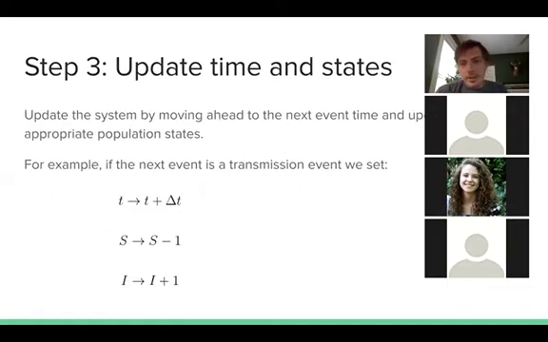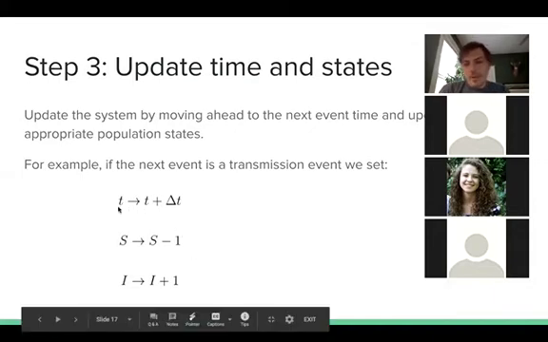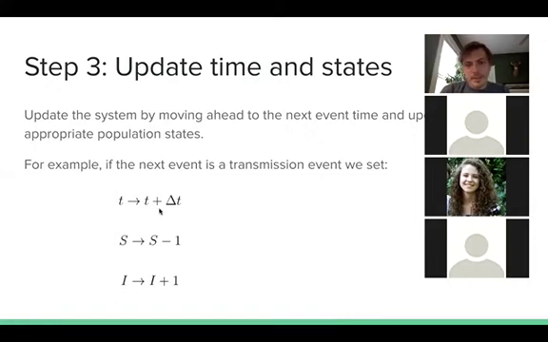Okay, so now we know when the next event happens and what type of event happens next. So we can now update our system to reflect the occurrence of that event. Say that the next event is a transmission event. We would have to do three things here. We would have to update our current simulation time. So if we were at time t, and the next event occurred at time t plus delta t, we would just reset our time variable to that next event time.